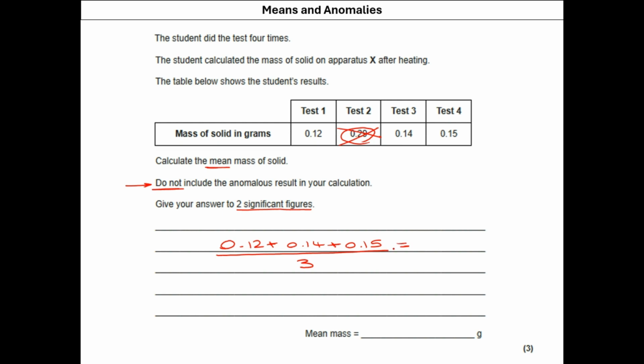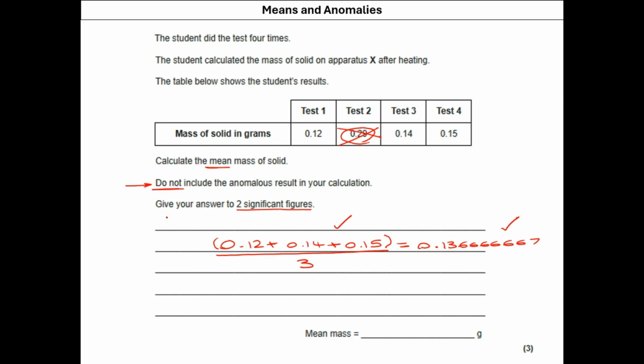Remember, in a science exam, you're always allowed a calculator, so I would just type that into my calculator, remembering to put brackets around the add because I needed to do that first. And my calculator comes out with 0.136666667. Now that gets me 2 marks. 1 mark for my working out, 1 mark for the answer.